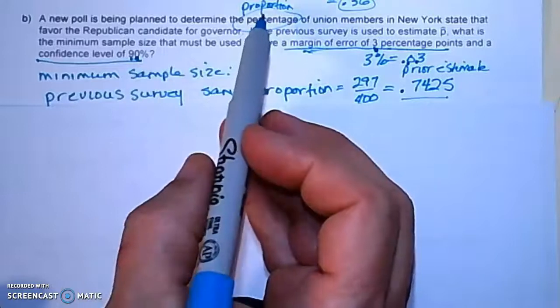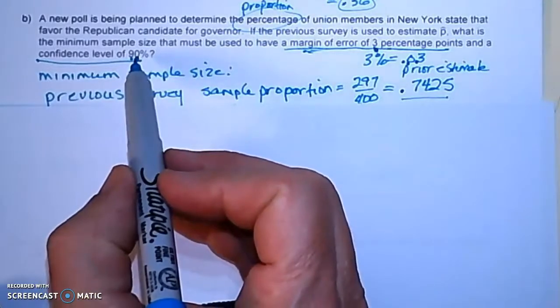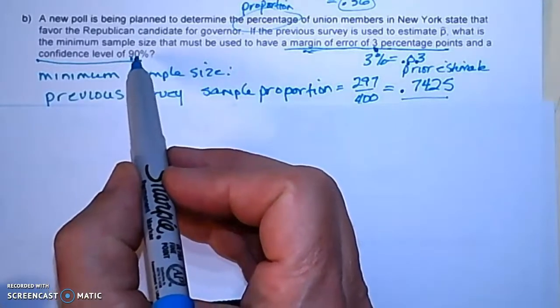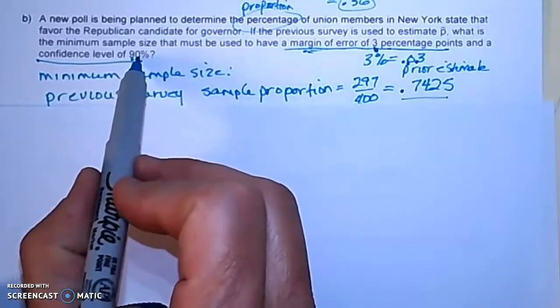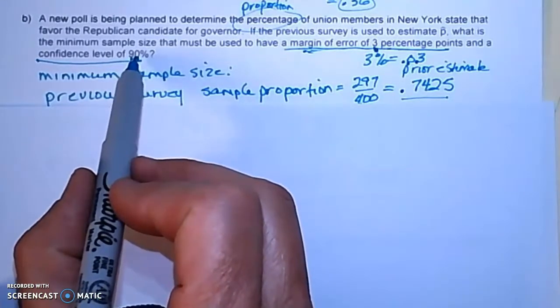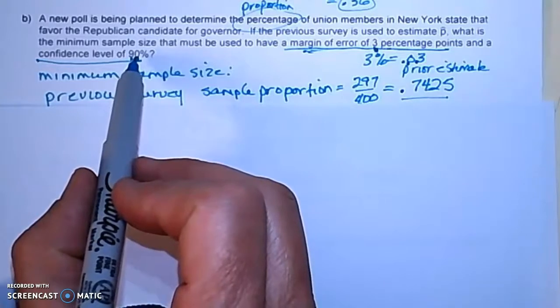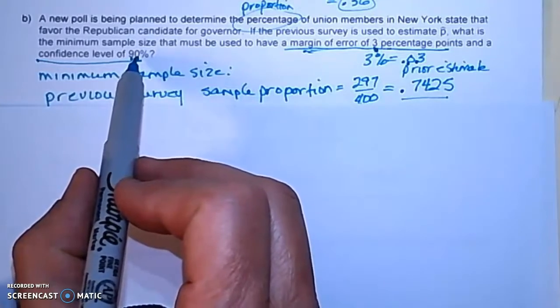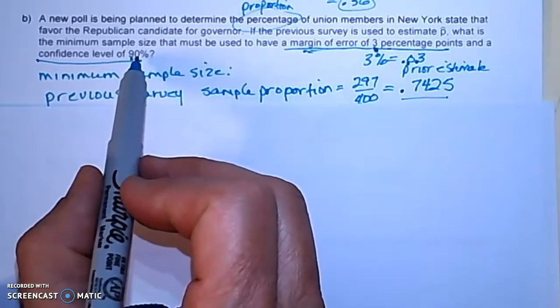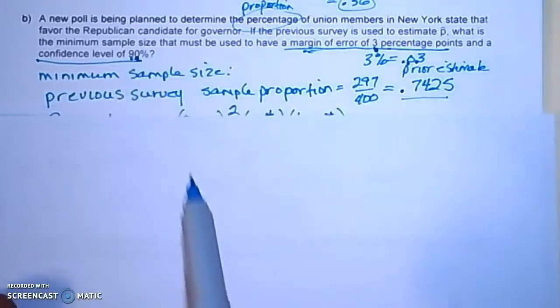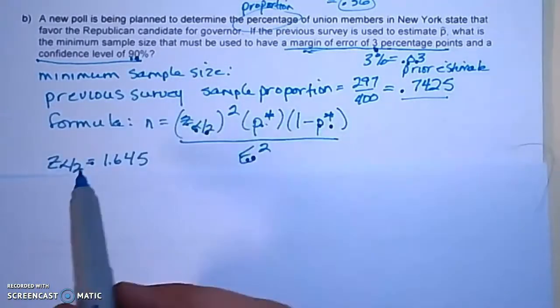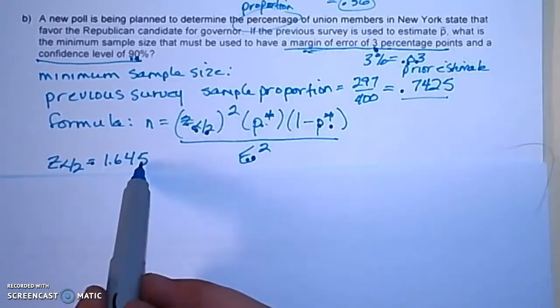Since this is for a proportion, I'm going to use a critical value from the standard normal distribution, and my confidence level is 90%. This is one of those three that you really should have written down before you go to take your test, because these ones are used very frequently. It would be 1.645.